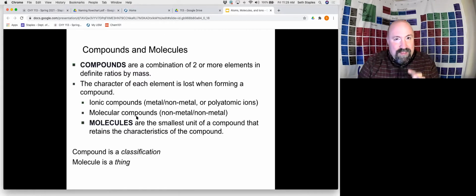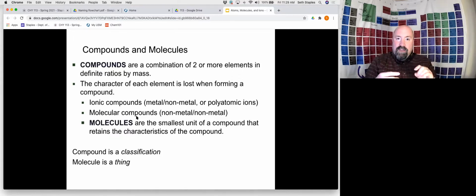And so just a couple definitions so that we're on the same page with some of the terms that we're going to use. As we mentioned earlier, a compound is a combination of two or more elements. It's important to note that when we use the word compound, we're talking about a classification. And so water is a compound because it's made up of both hydrogen and oxygen.